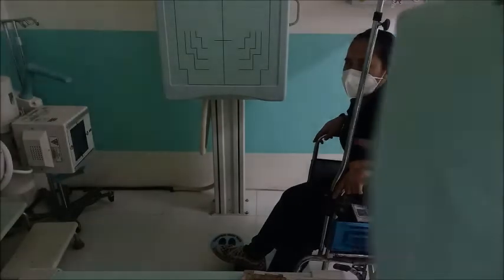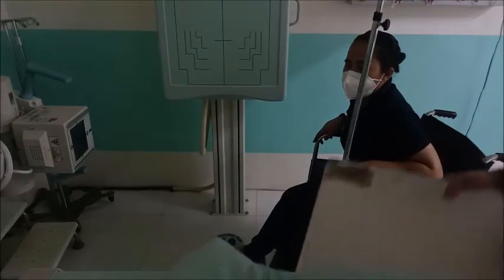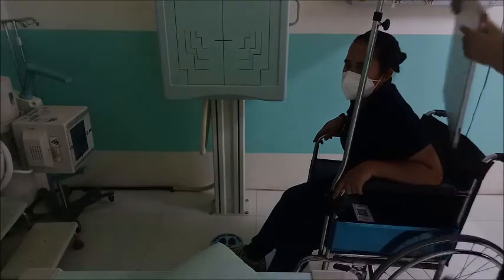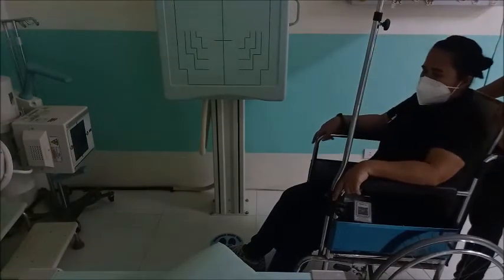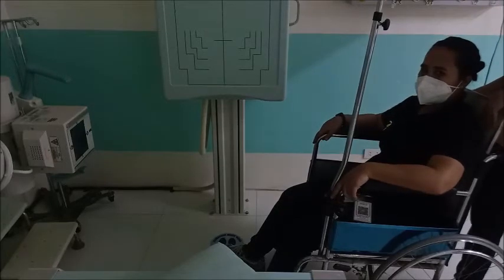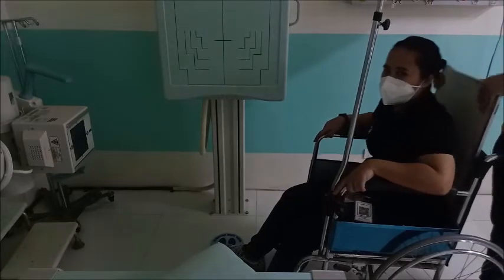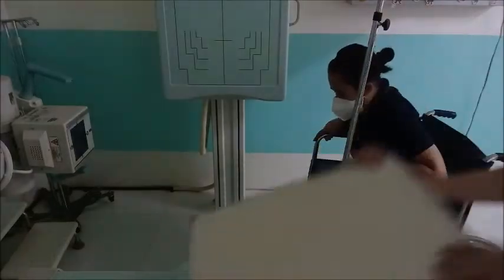Okay, the purpose for this pillow, mas better kung mas baga na pillow. Okay, if we would insert the cassette on the back of the patient, matagak na siya. Okay, naibangag ang mukhang wheelchair, diba? The back portion of the wheelchair and also the inferior portion of the wheelchair kay dili siya sumpay.